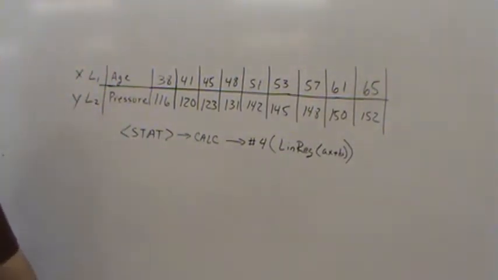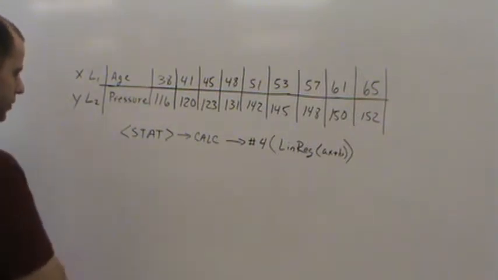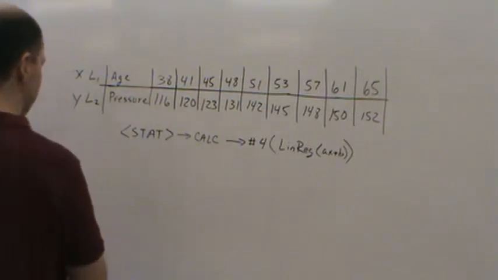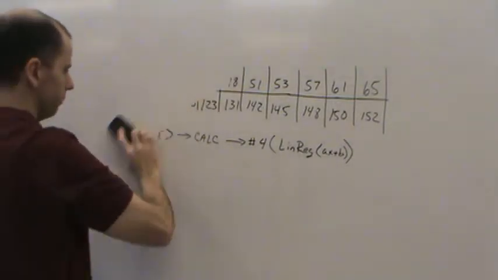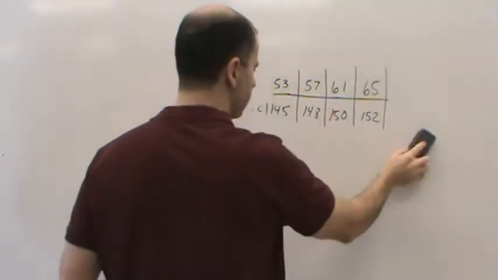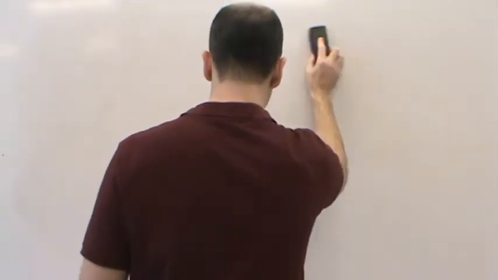So now, how do we test this, right? So we got r is 0.960. So what? Well, let's do a hypothesis test. And the hypothesis test that we're going to perform is a test for correlation.